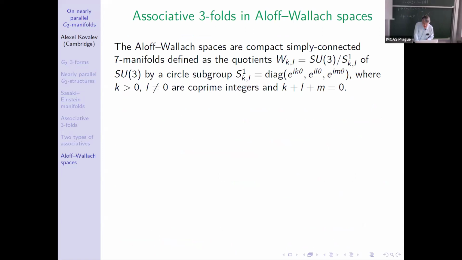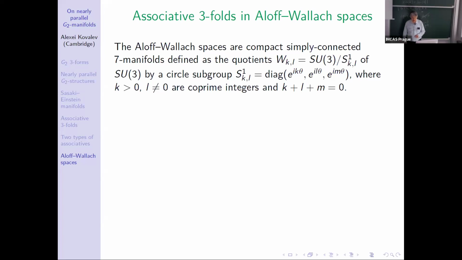Now, another class of examples has to do with the so-called Aloff-Wallach spaces. These are compact, simply connected 7-manifolds. They're defined algebraically. We take a quotient of SU3 by a subgroup of diagonal matrices. Diagonal elements are e to the ik theta, e to the il theta, e to the im theta.